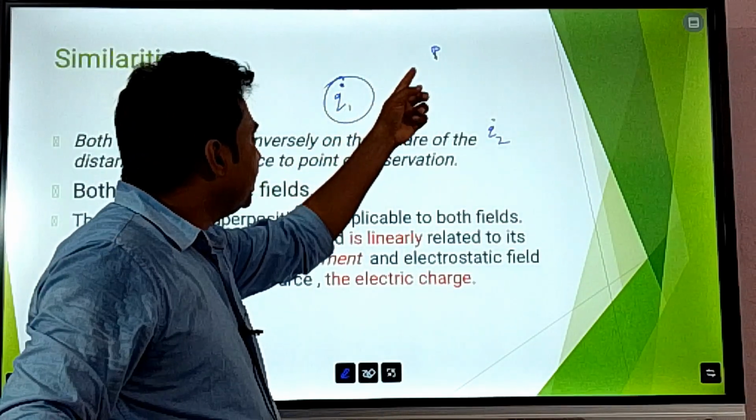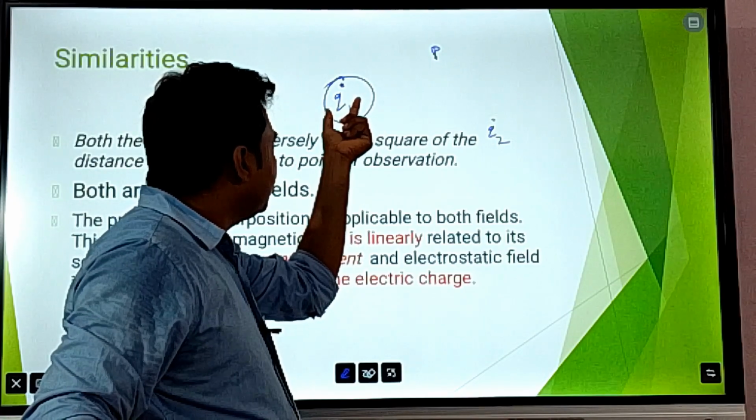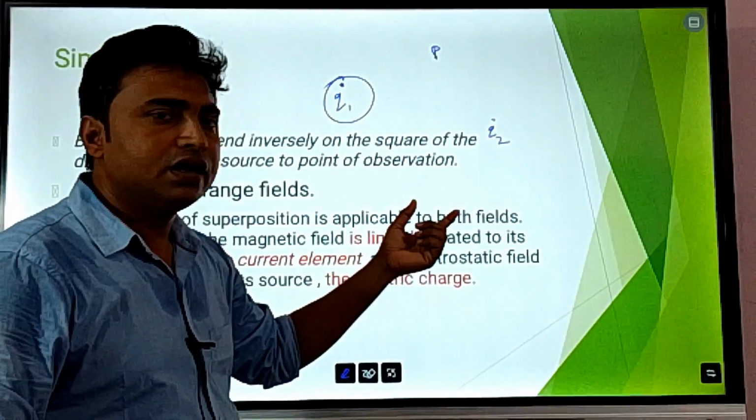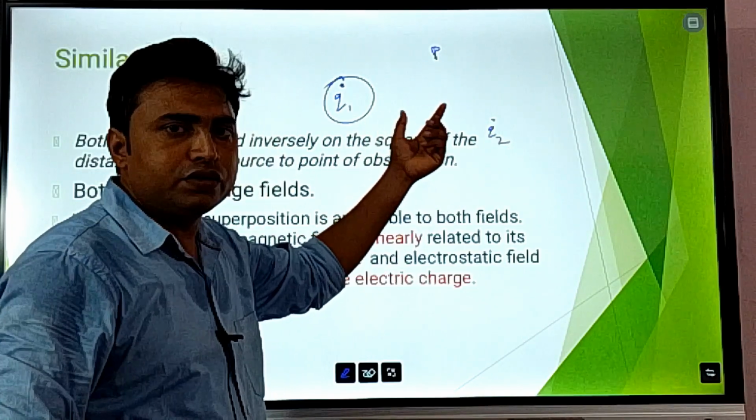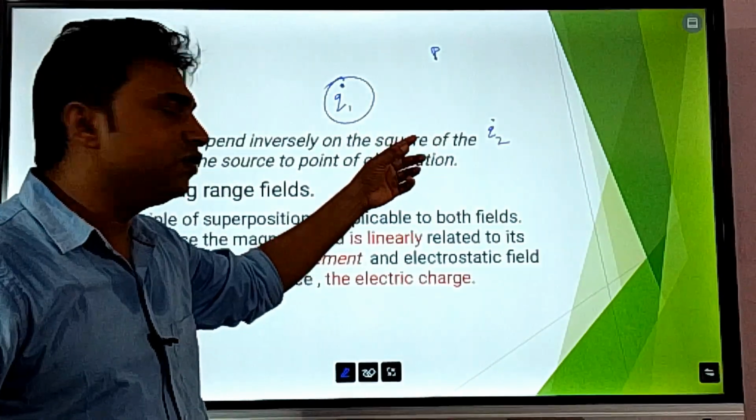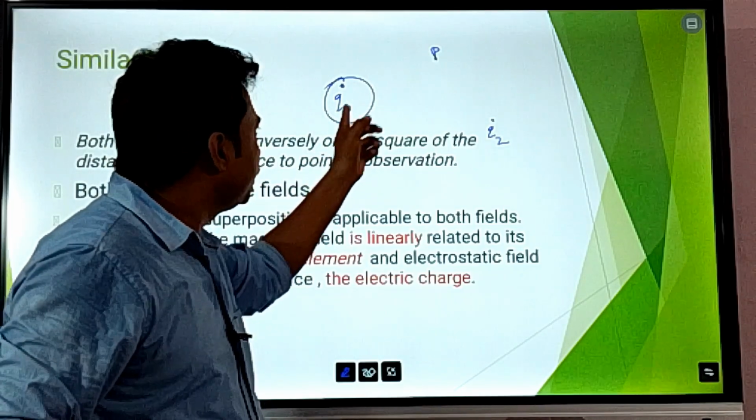This electric field at point P due to Q1 remains unaffected by the presence of Q2. Q2 is not going to change the value of the field at P due to Q1.